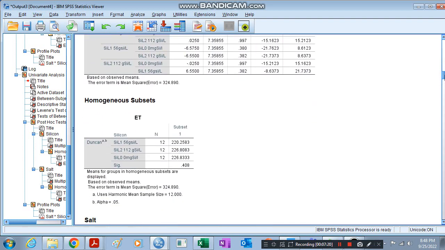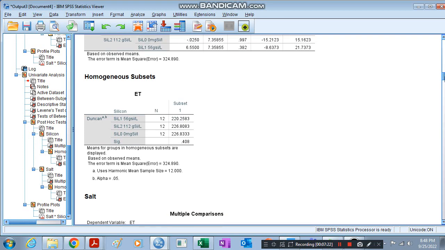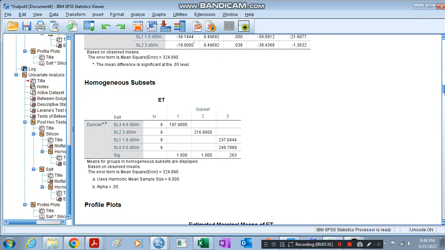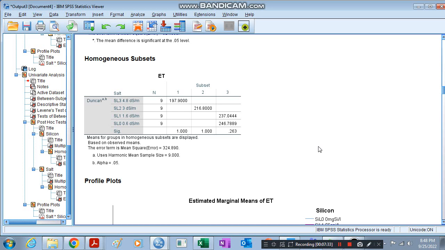So when we go to the homogeneity tests table, for silicon it has no effect, as we said, and for salt it has an effect. You can put these values in your thesis or whatever, and you can start explaining or interpreting the results.